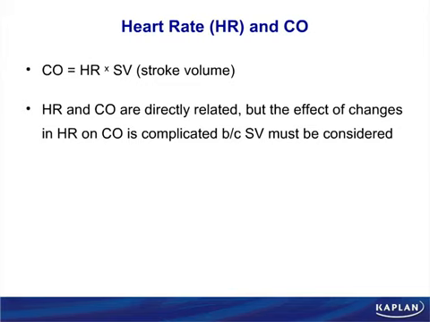Just look at the mathematics. You would think this is very straightforward. However, it's not so straightforward, because the effect of changes in heart rate on cardiac output is complicated because we do have to consider stroke volume.